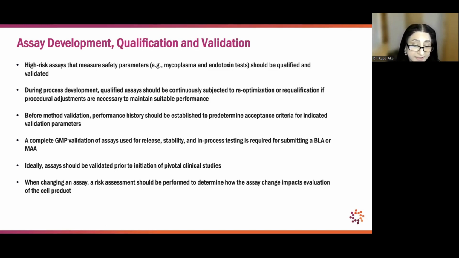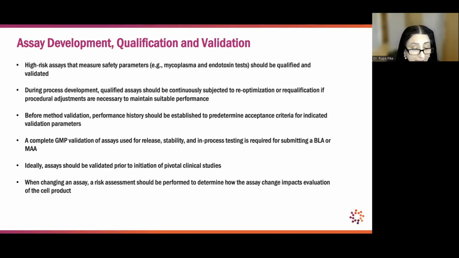So during process development, qualified assays should be continuously subjected to reoptimization or requalification if process changes are needed to maintain suitable performance. This is an important task. It is laborious and it is tempting to cut corners. But I think that the reoptimization and requalification is necessary to have successful validation and also a successful GMP manufacturing strategy.